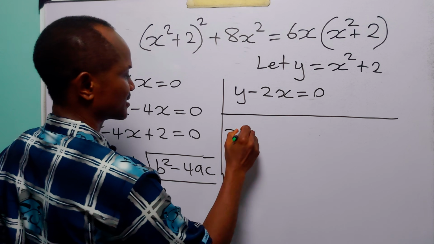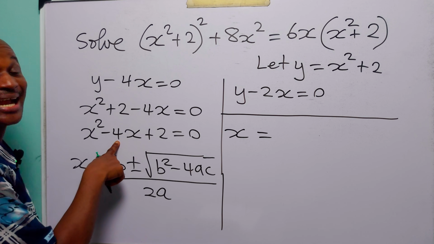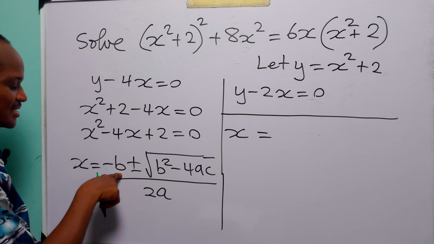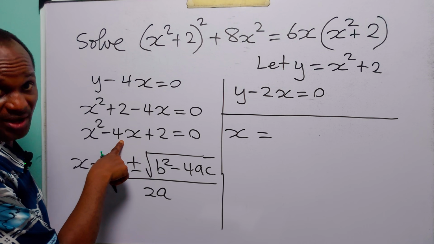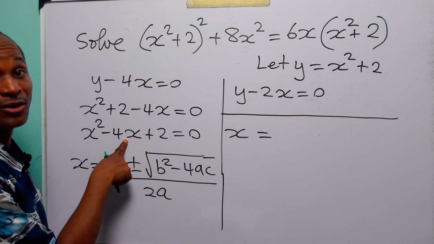From here, we have that x is equal to minus minus 4, because you know that b is the coefficient of x, and in this case, the coefficient of x is minus 4.